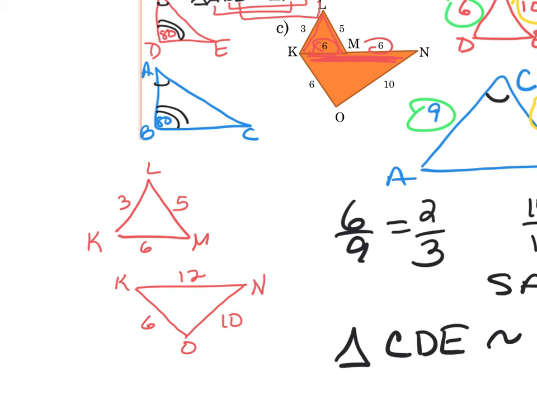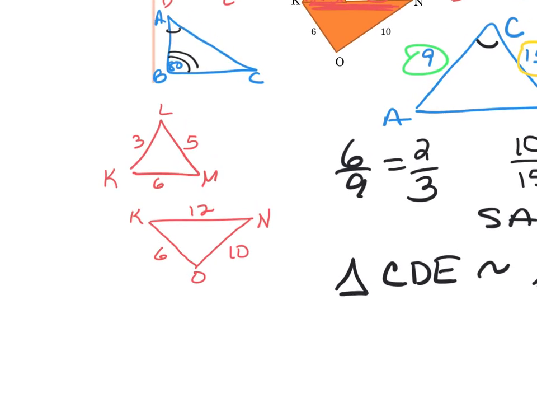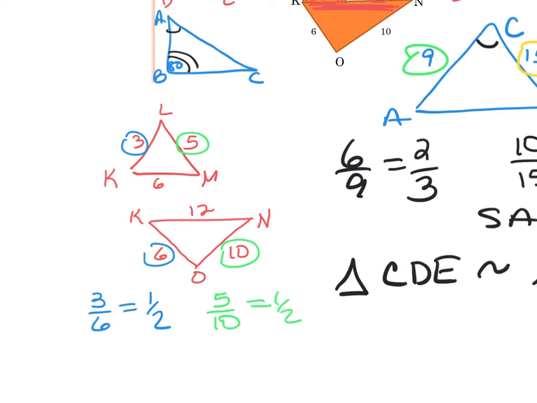Now let's match. So now here's where it's going to pay off if I match the smaller number with the smaller number, and then the medium size, and then the larger. So I'm going to match 3 and 6. They're the two smallest numbers. 3 and 6 simplifies 1 to 2. Then I'll match the 5 and the 10, 1 to 2.